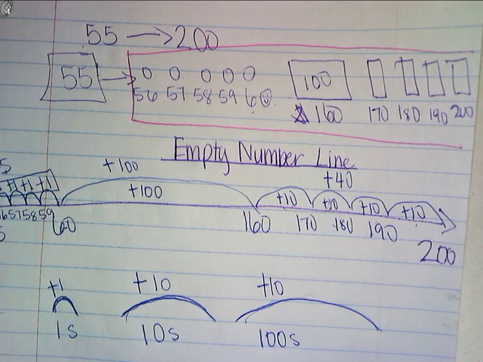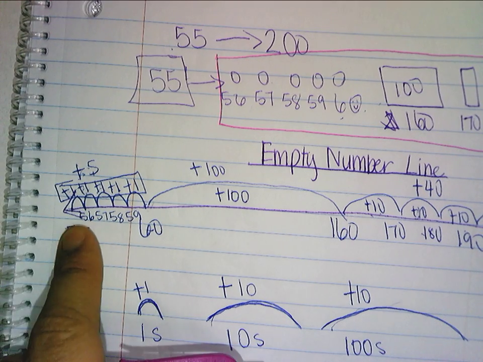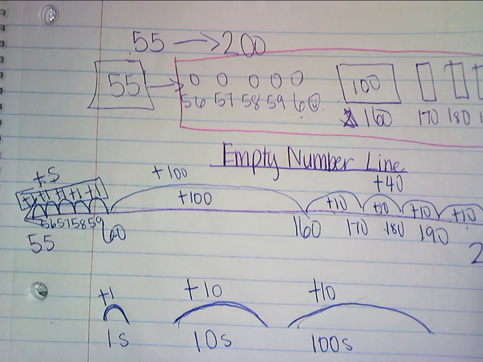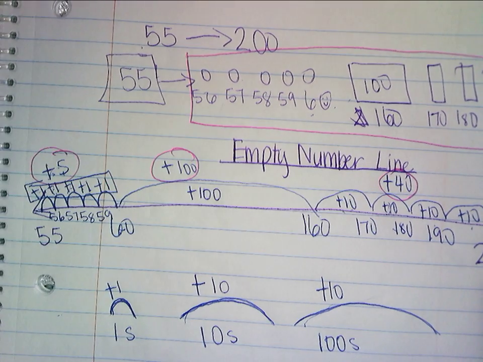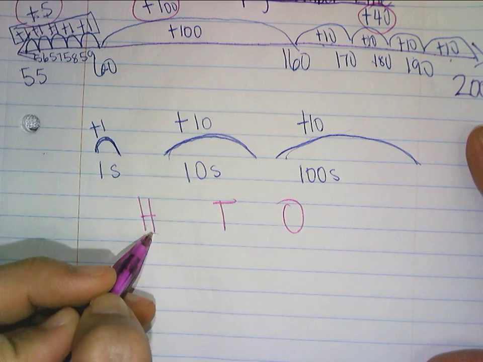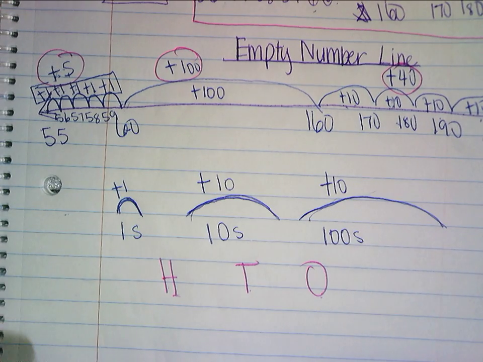So now you're going to combine to see how many numbers it took to count from 55 to 200 on that empty number line. Remember, you have to write it in this order: hundreds, tens, and ones. And you can use that expanded form to help you.